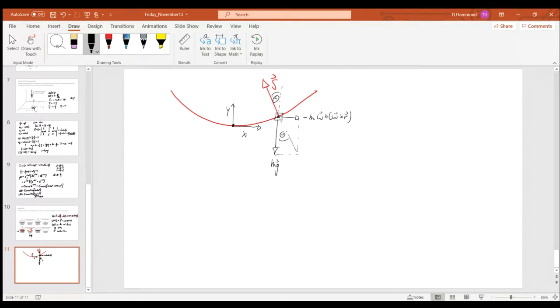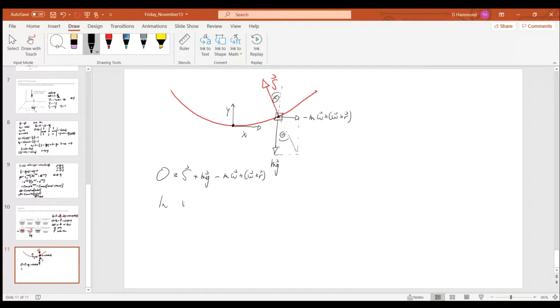So from before, we said the effective forces are actually going to be 0 because nothing's actually accelerating. So we have 0 equals S plus mg minus m omega cross r. So let's look at these components, because we're going to have some in y and some in x.